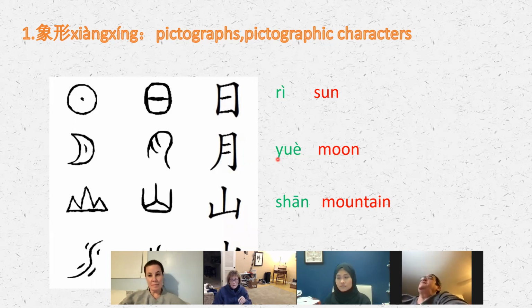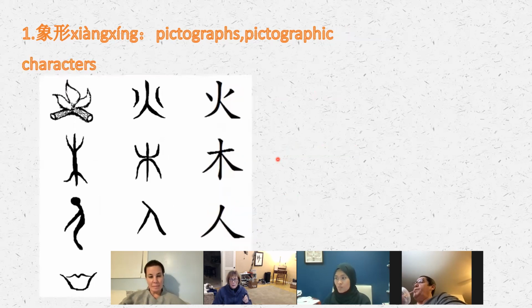Okay, let's go on. There are more pictographs. What's this? Fire, yes, this is 火. And this? Tree, right.